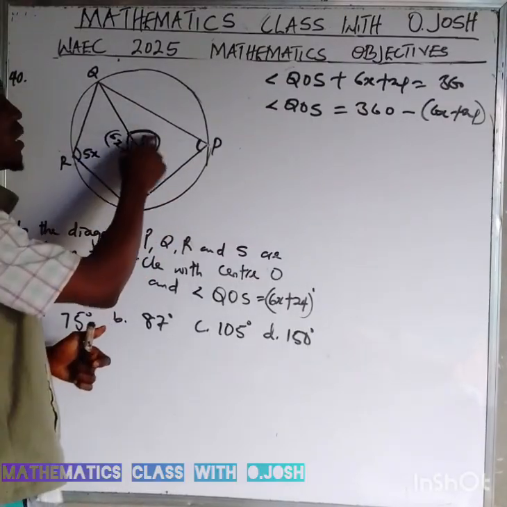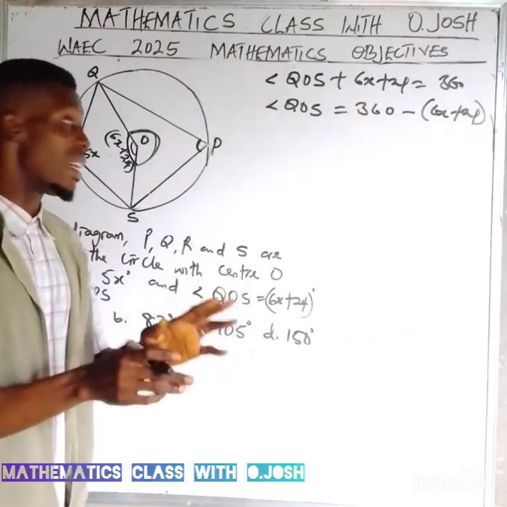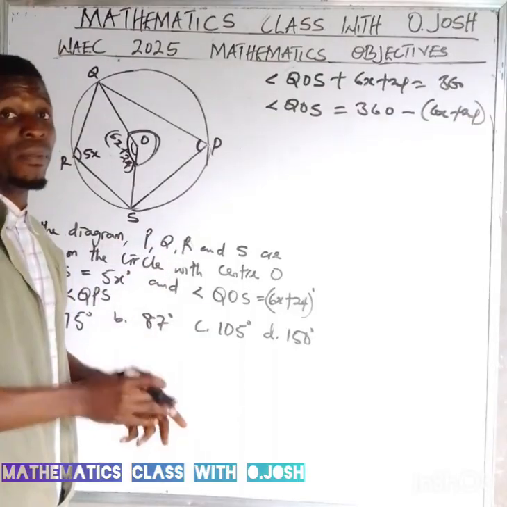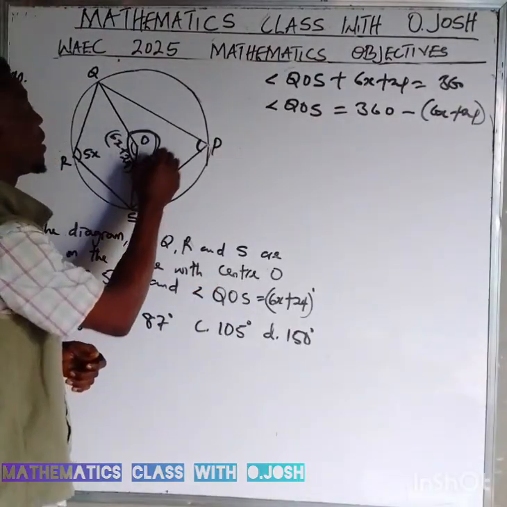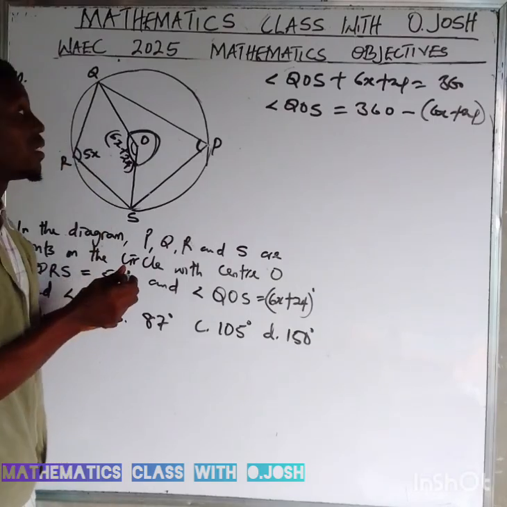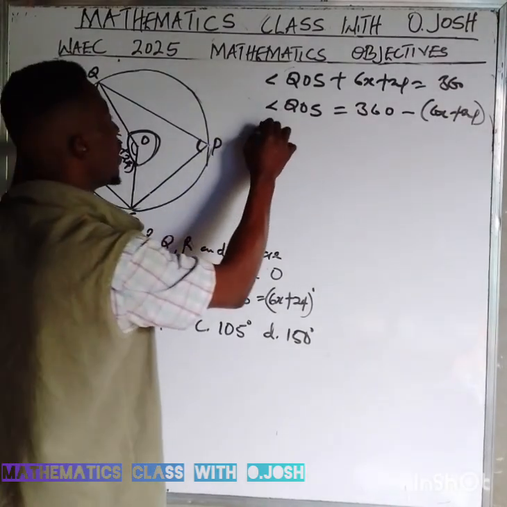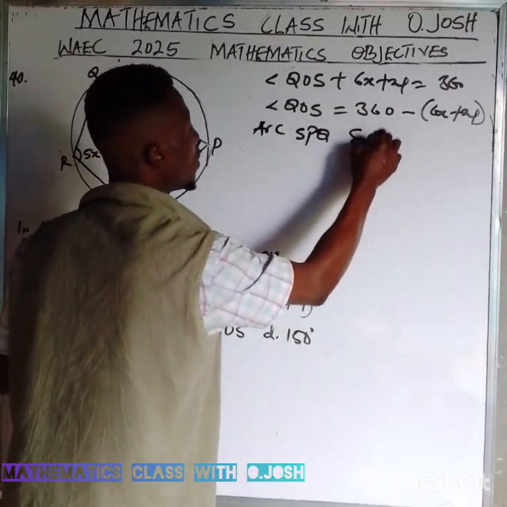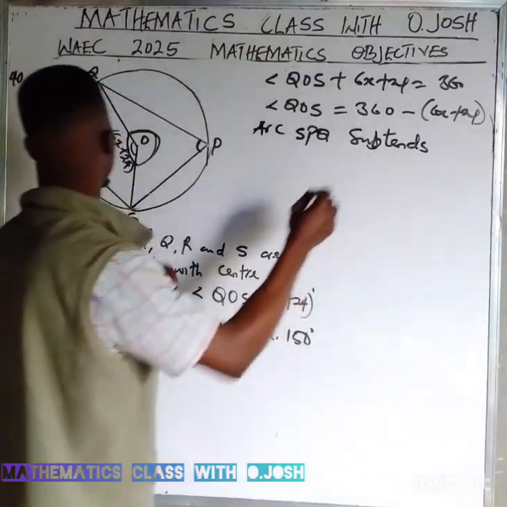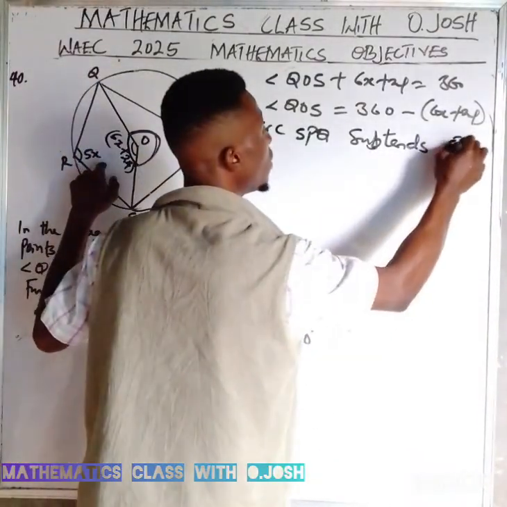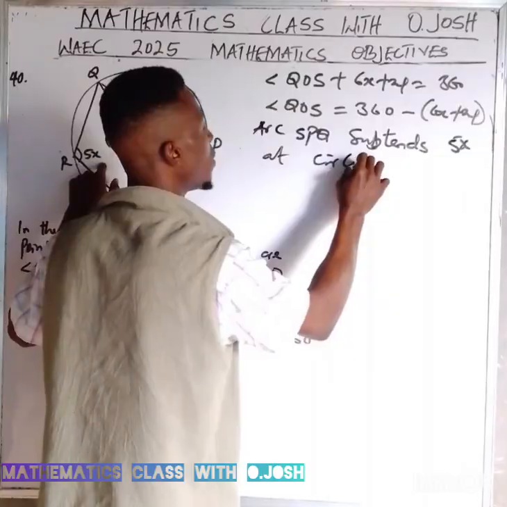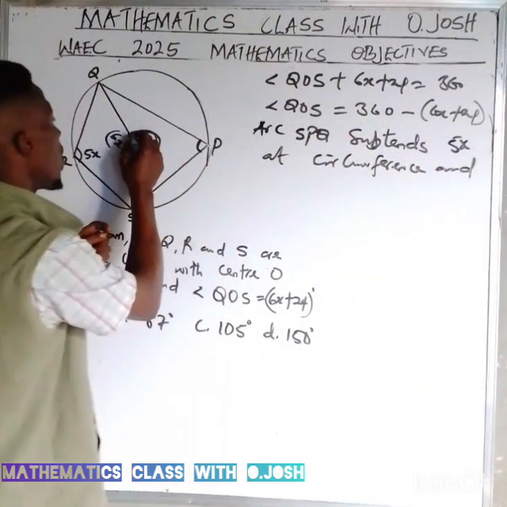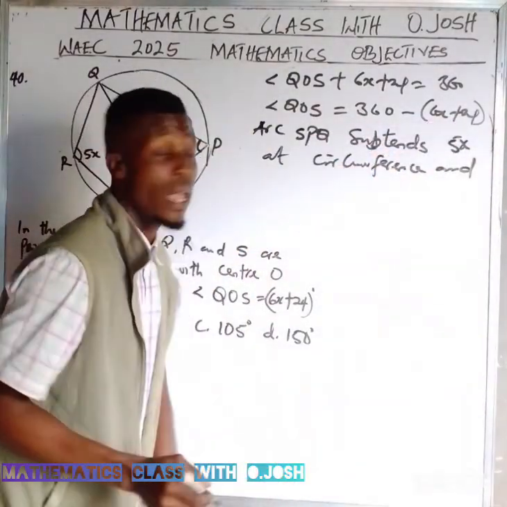Now, if we've gotten the angle at the center, recall that a theorem says that the angle it subtends at the circumference is half of the angle it subtends at the center. So arc SPQ subtends 5x at the circumference, and this is the angle at the center, 360 minus (6x plus 24).